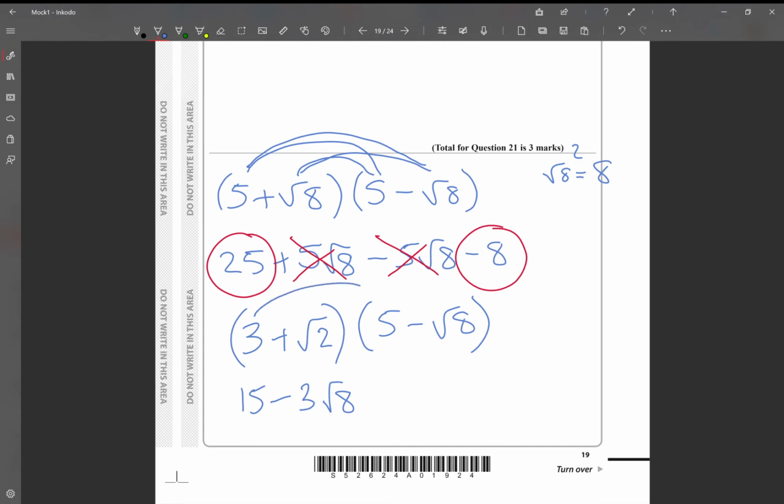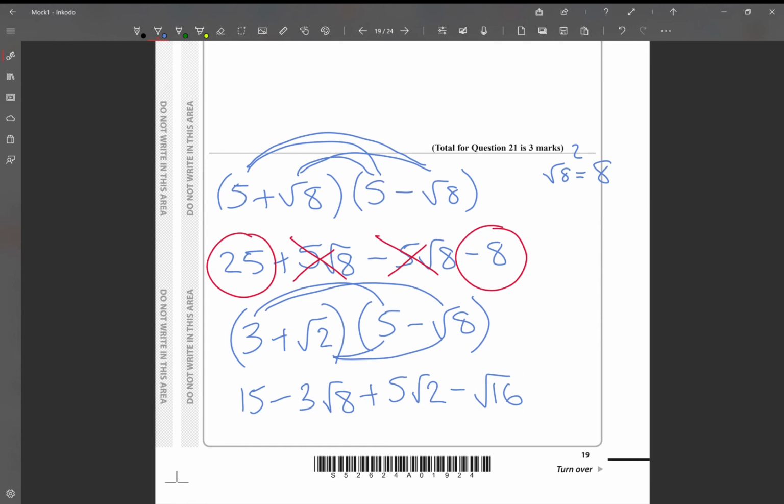So I just times up by that, by that. You can do this a lot neater, I'm sure. 5 times root 2. And then root 2 times minus root 8 is minus root 16. You're just timesing inside. Now 2 times 8, you can see we can do something with that.